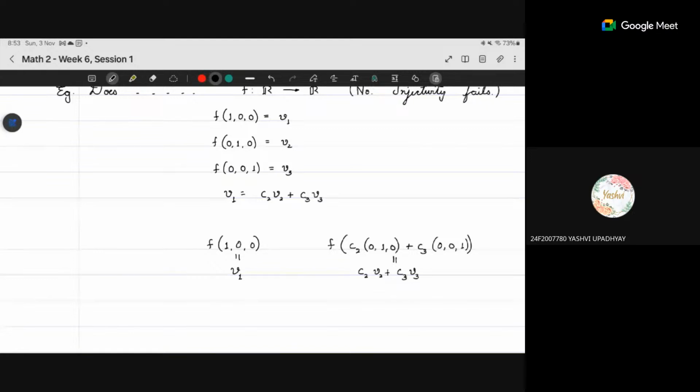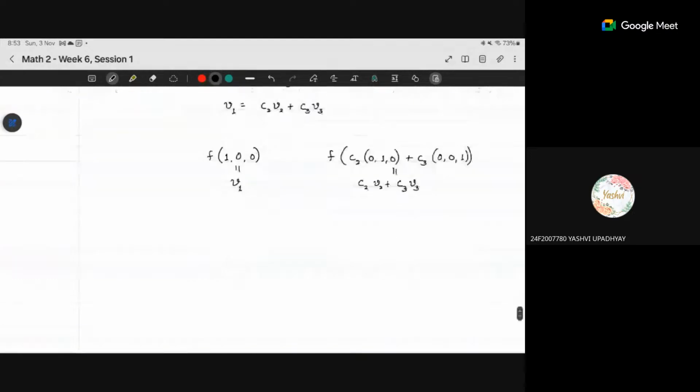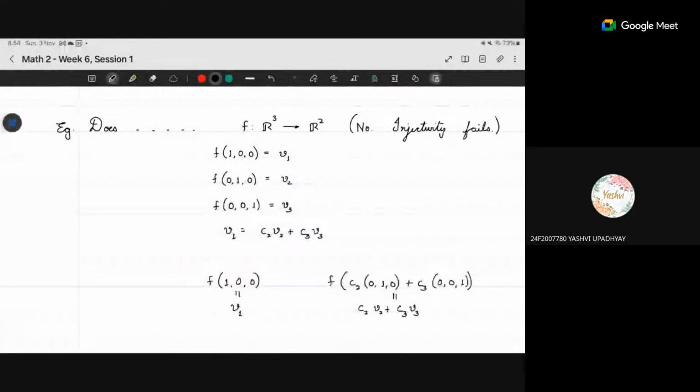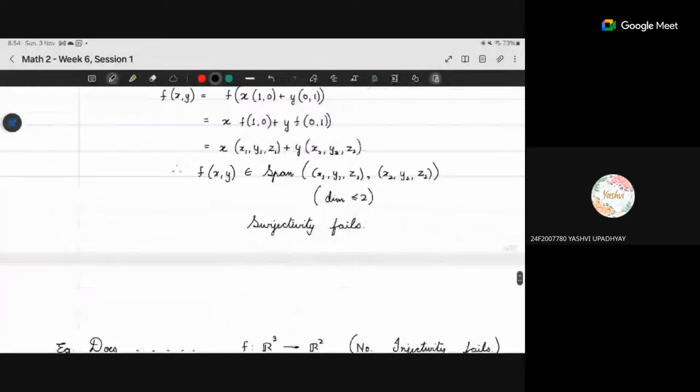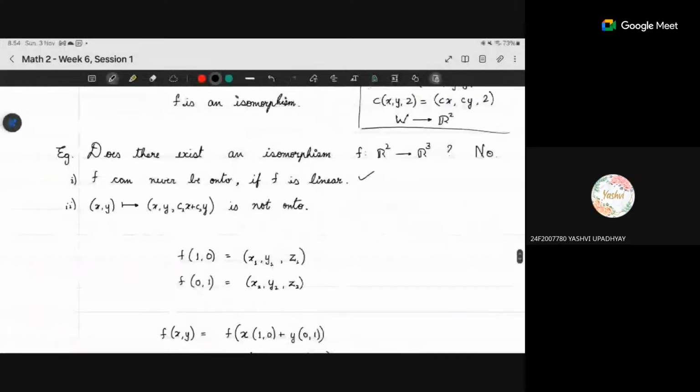So in either case, the dimension of the range space being lesser forces injectivity to fail, and the dimension of the range space being bigger forces surjectivity to fail, which is again intuitively clear because if you have a larger dimension range space, there is no way you pick up all the elements.